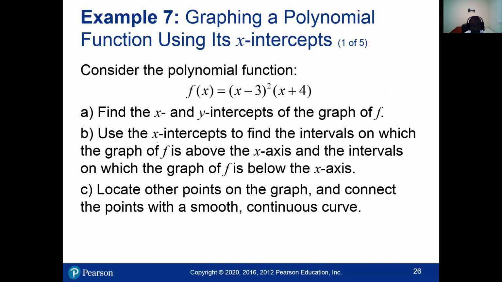Then use the x-intercepts to find the intervals on which the graph of f is above the x-axis and on which it is below the x-axis. Then we'll locate other points on the graph and connect all the points with a smooth, continuous curve. So let's get going.